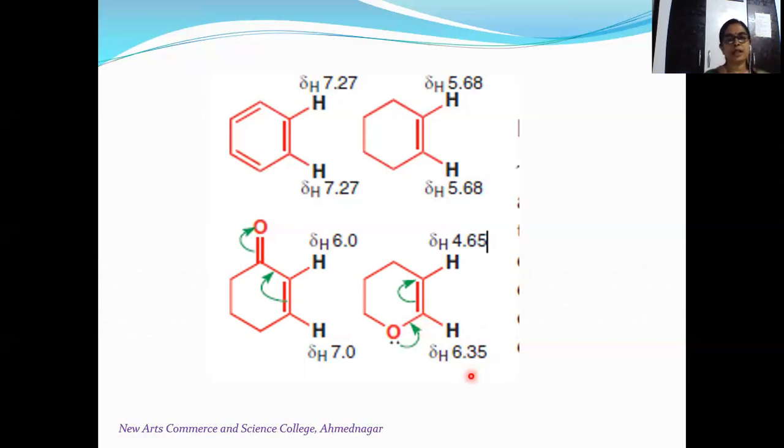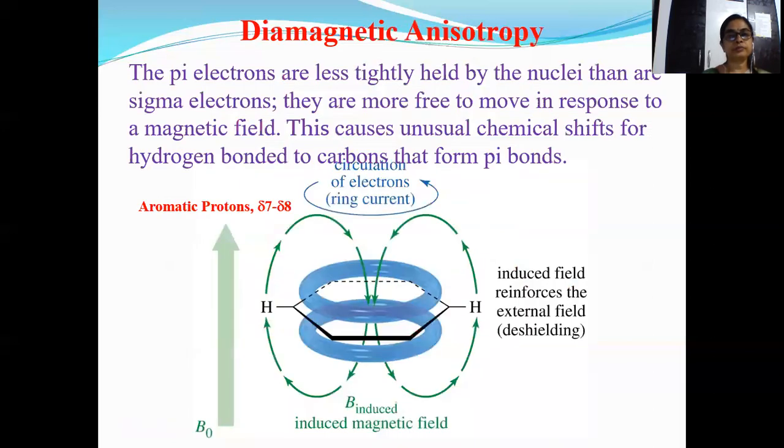So this means that the resonance effect is going to either increase or decrease the chemical shift value depending on the nature of the substituent, whether the substituent is electron withdrawing or whether it is electron donating. Electron withdrawing substituents will de-shield the protons, and electron donating substituents will shield the protons. Now, the next effect which is affecting the chemical shift value is diamagnetic anisotropy.